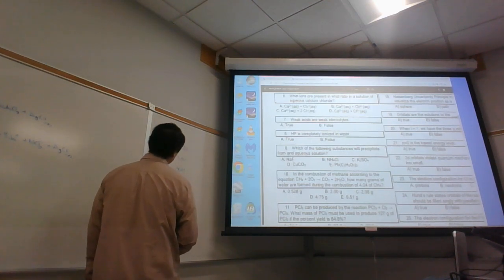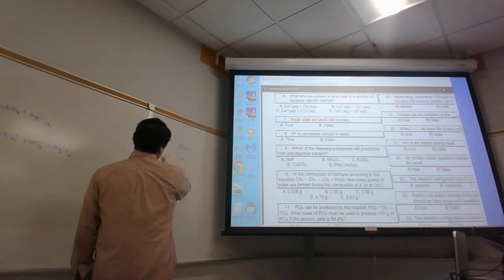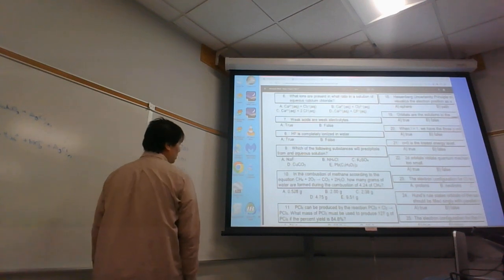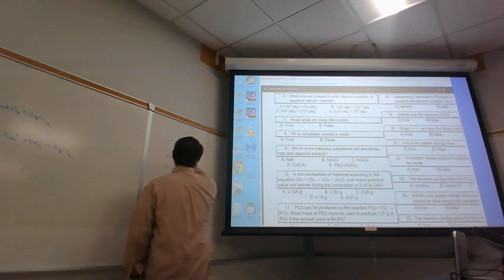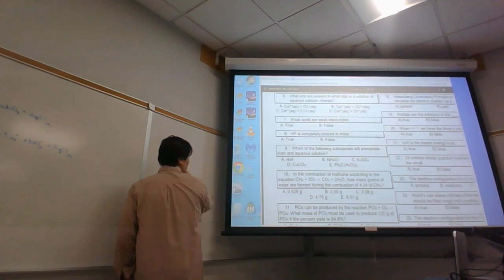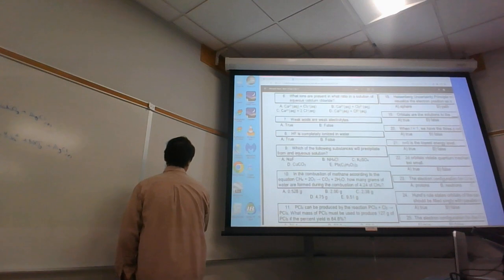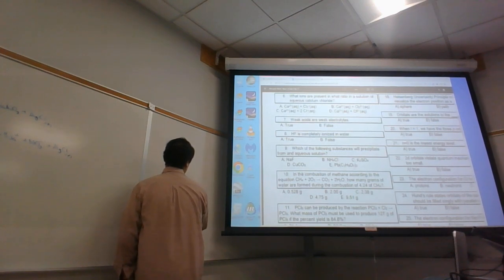It's easier to remember. If you know these, then you can calculate all of these quickly. And so if I have one carbon that's 12.01 and 4 hydrogens 4.04, methane is going to be 16.04 grams per mole.